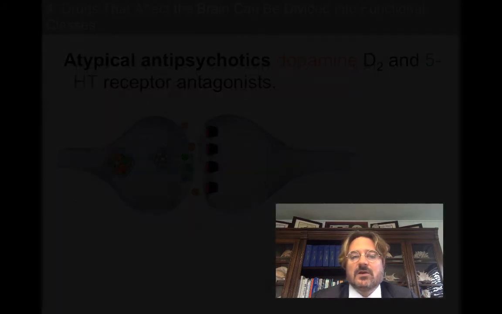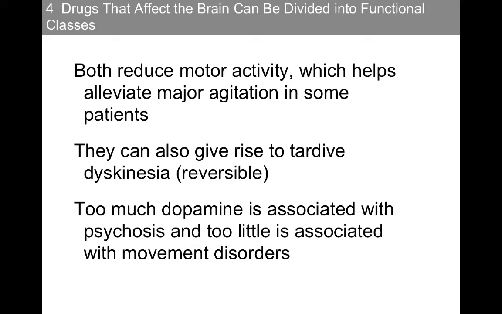diminished serotonin activity. Now, both the typical and atypical antipsychotics reduce motor activity, and this seems to help alleviate major agitation in many patients. This is the case with people with schizophrenia. We also find that these medications can be useful for other people with agitation, such as people who have had a head injury or somebody who has dementia.